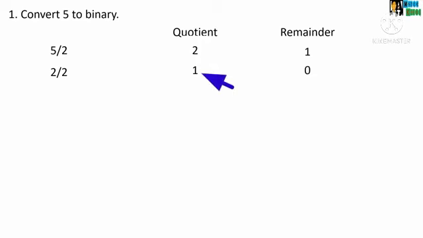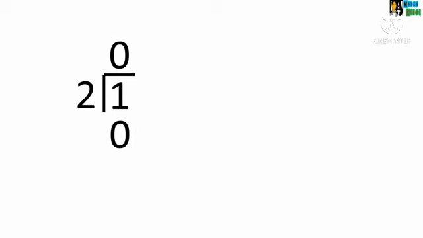So again, you get 1, bring down, divide by 2. So 1 divided by 2 is 0. Take note, in converting binary digits, if you multiply 0 to a number, the answer is always 0.